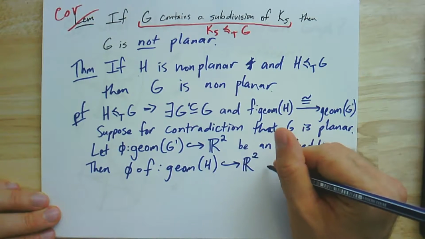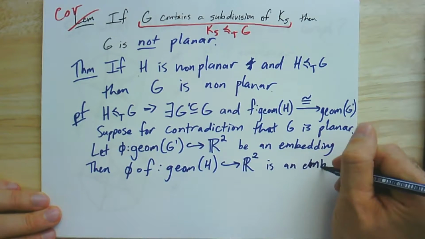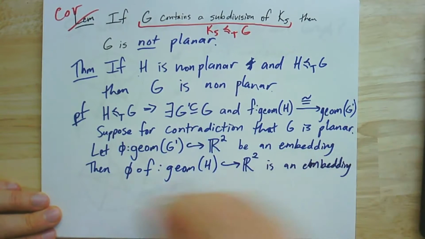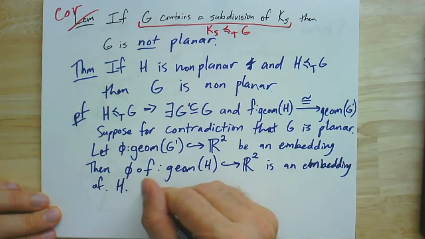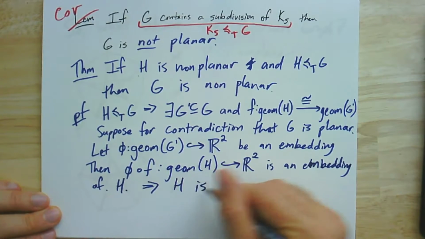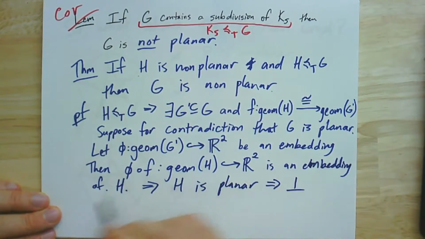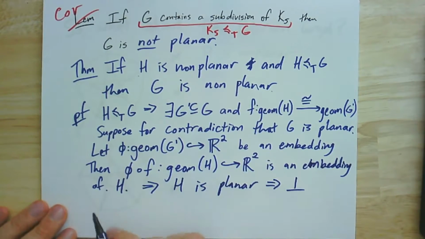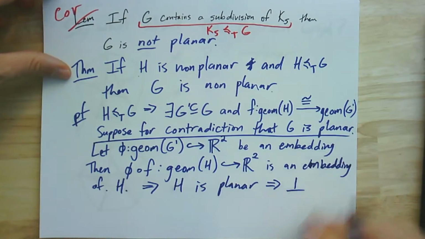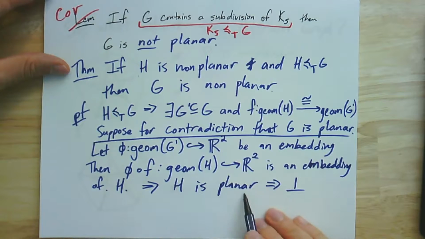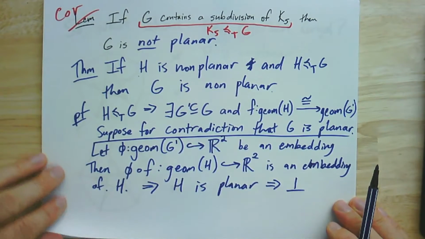And so this is an embedding of H. That implies that H is planar, which is exactly the contradiction we wanted. So we conclude that G is not planar. We conclude that whatever we supposed here was in fact false, because we derived this contradiction that H is both planar and non-planar at the same time, which is impossible.